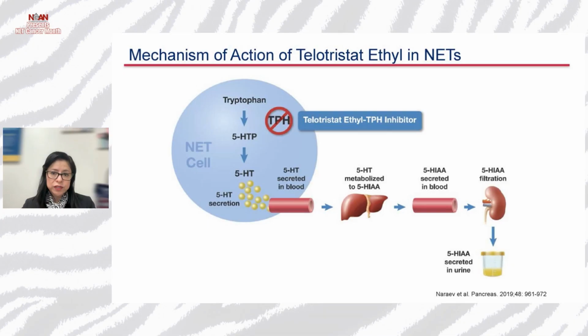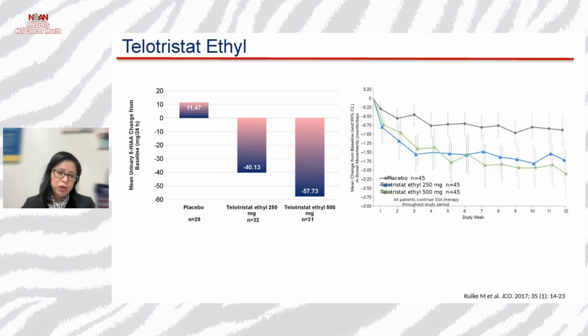It blocks the rate-limiting enzyme, so there is less production of serotonin, and because there is less serotonin, there is also less excess of 5-HIAA that we can measure in the urine, and as a consequence, it can also cause fewer symptoms related to carcinoid syndrome diarrhea.